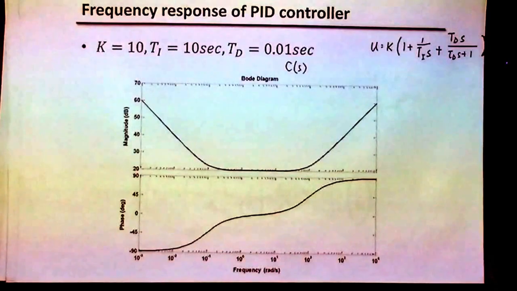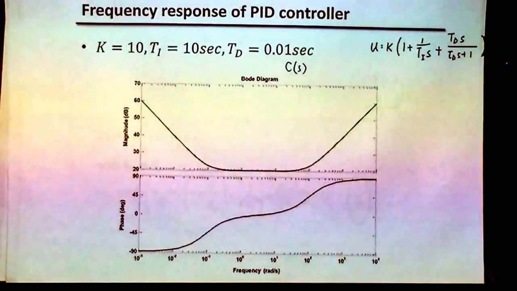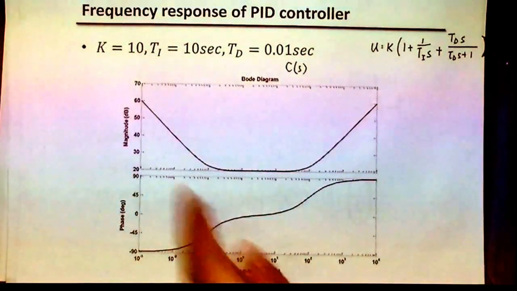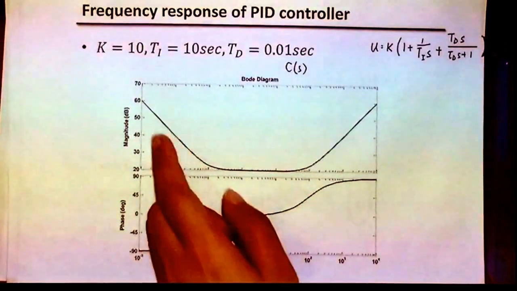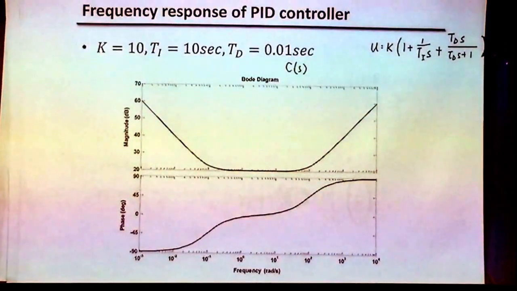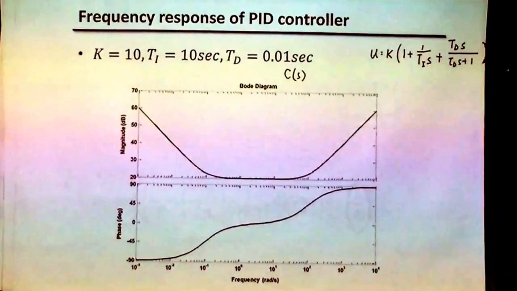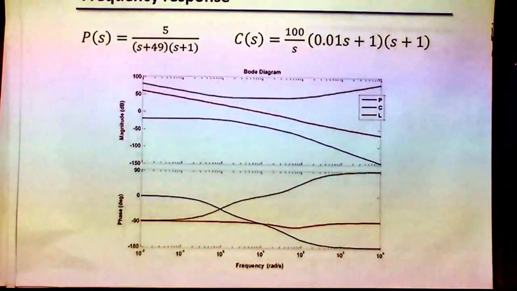You can make use of this to shape the loop, because L is C times P. If you draw P on top, and you draw the multiplication of C and P, you can see that you can effectively shape L across the frequency range. So we plot P and C on top of each other.